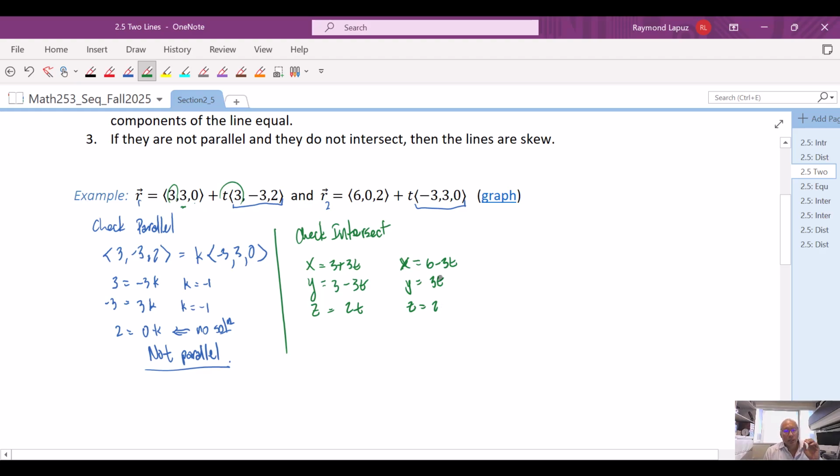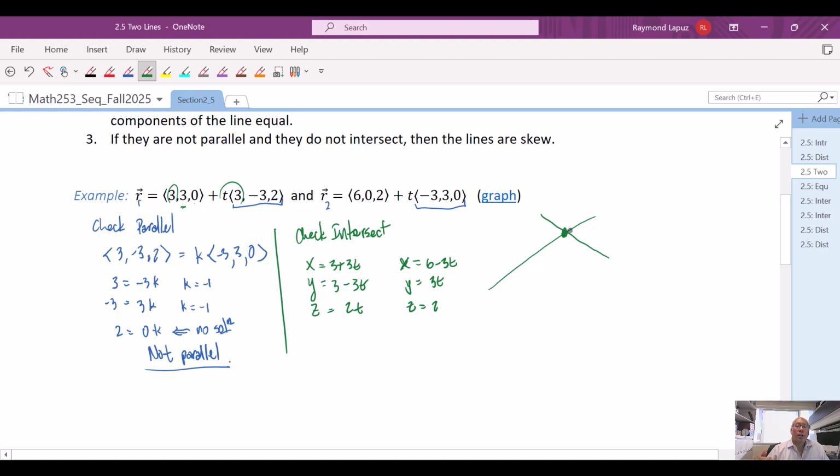Now, the little nuance that's involved here is that if they do intersect, the first line, R1, may have a point here where R2 would also have a point. But it's possible that the point for R2 will hit that line at a different time.